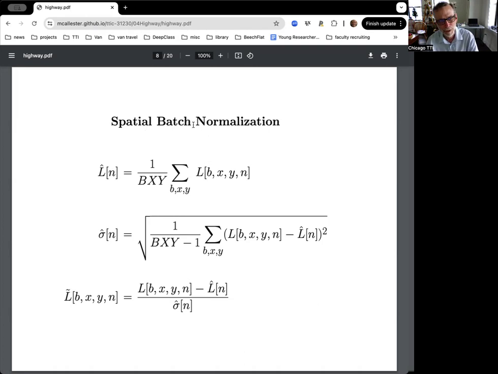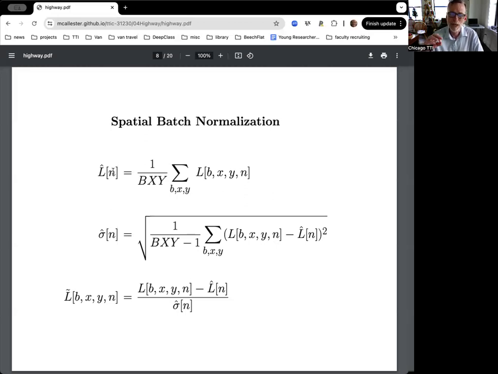So in spatial batch normalization, we're going to normalize not just over one position, but over all positions. So we normalize over the batch, and we normalize also over all the XY positions of a particular neuron. Here we're thinking of the neuron as being reused at every position.